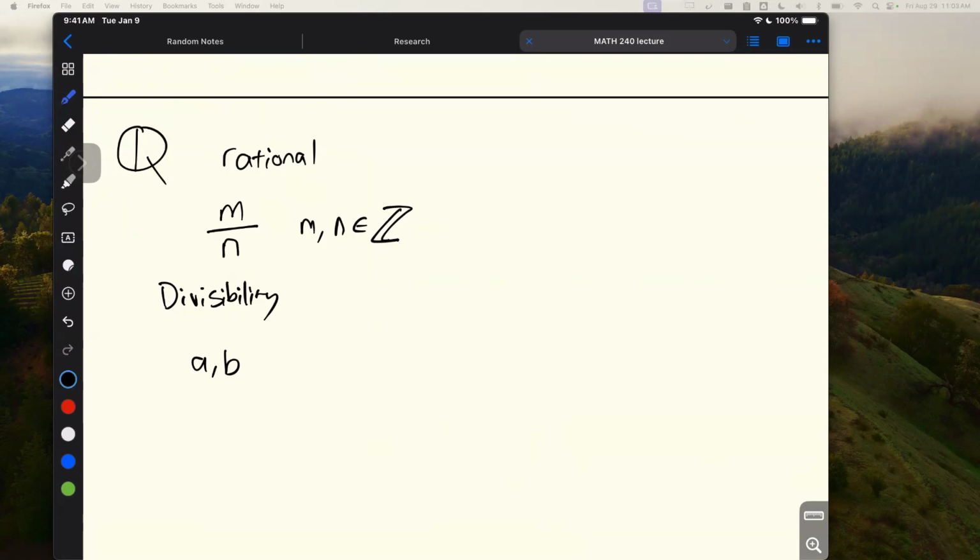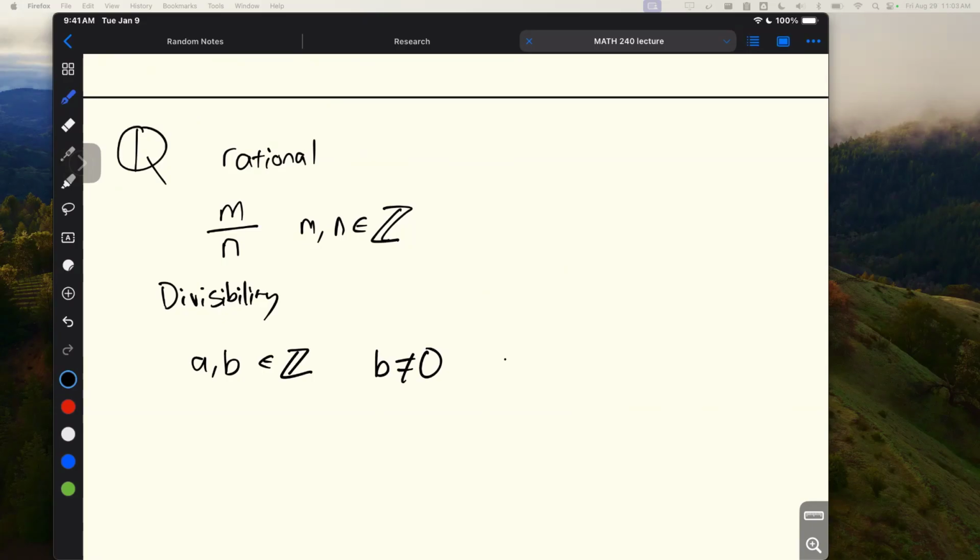So maybe we'll adopt that as well. So these are both integers. And let's also assume that b is not 0, so we don't break math.